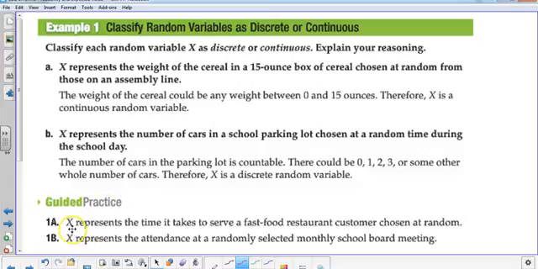Okay, you tell me. X represents the time to get your food at a fast food restaurant. Anybody work fast food? Do they put the little thing up to the nearest minute? No, it's usually like to the nearest second, right? If you work at McDonald's, I know there's a little clock on the wall. It's timing how often they switch the order thing. Okay, so is that continuous or discrete?